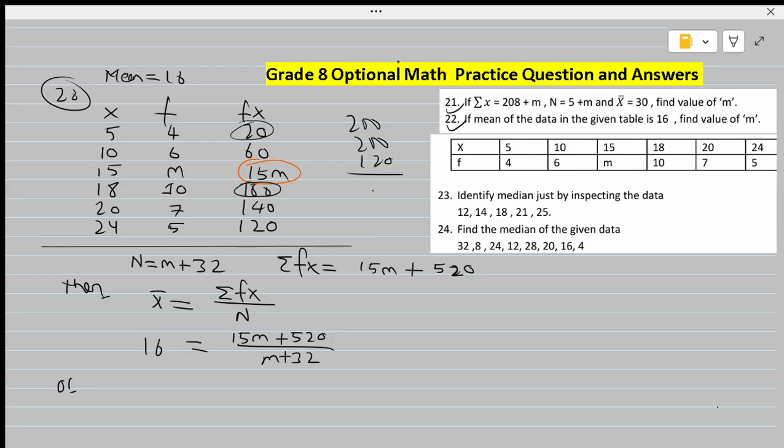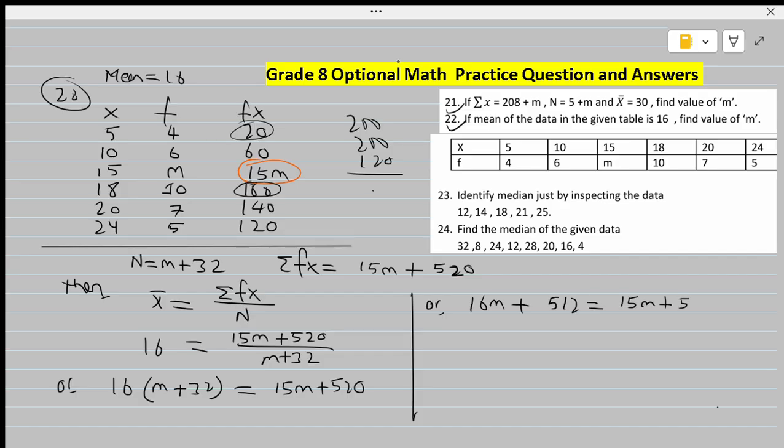So we make a cross multiplication: 16 times (m plus 32) equals 15m plus 520. Now we open the bracket: 16m plus 16 times 32. 16 squared is 256, double is 512, and that equals 15m plus 520.